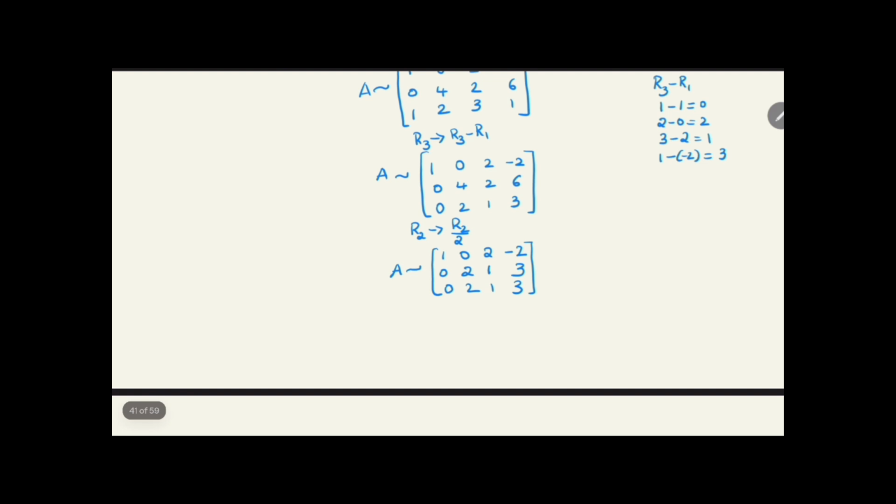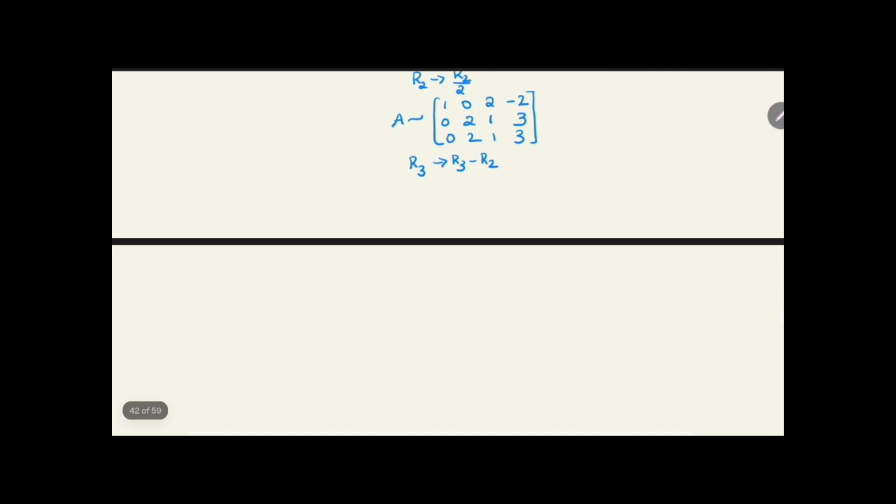Now I can subtract these two so that the third row will be made 0 completely, and the problem will be made easy. Okay, so R3 implies R3 minus R2. So how does this look now? There will be a change in R3 only.